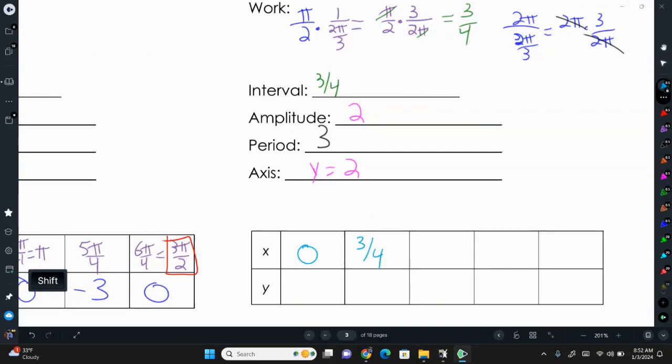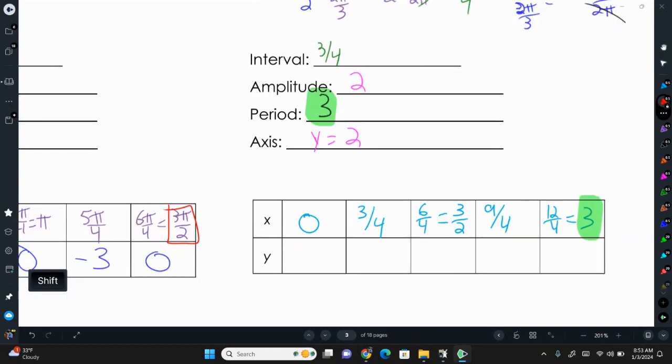Notice there's no pi in our interval. So we have 3/4. Then we have 6/4, because we're adding another 3/4, which is actually 3 over 2. Then we have 9/4, we can't reduce that. And then we have 12/4, which reduces to 3. And because we have no horizontal shift, our period and the last x value in our table are the same.